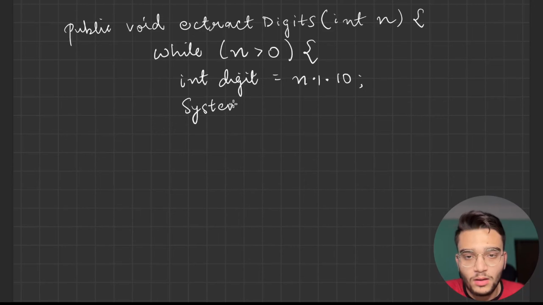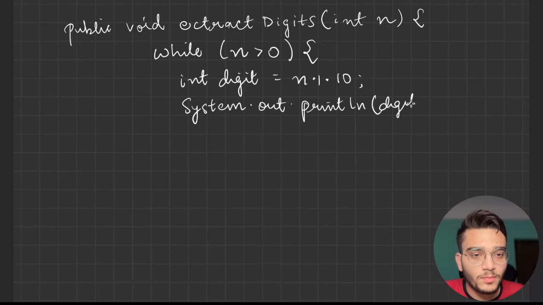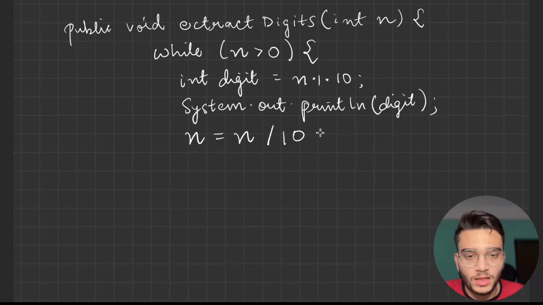So let's say System.out.println(digit), then we would do the integer division step. We would say n equals to n integer division by 10. This in Java by default leads to integer division. So yeah, so that's all.